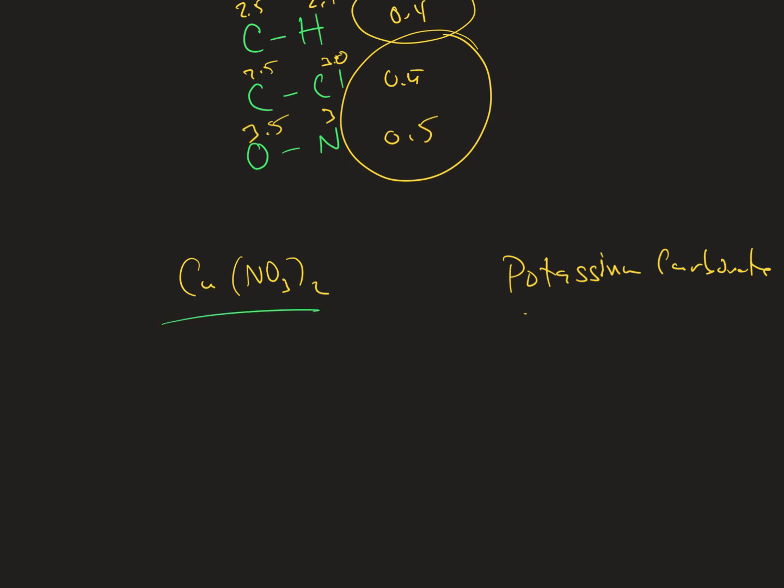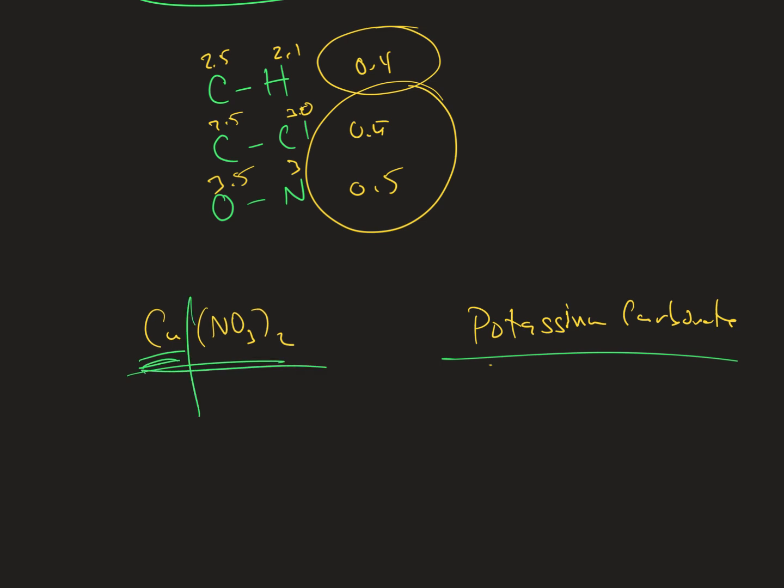So we got to name this and write the chemical formula for this one. Which question? This one's number 6. So to name this, what do we got to do? Figure out the charge of the transition metal. Because copper is a transition metal, so we got to figure its charge out, right?